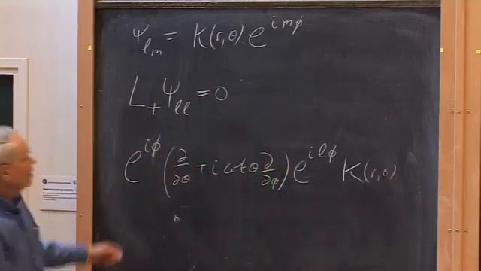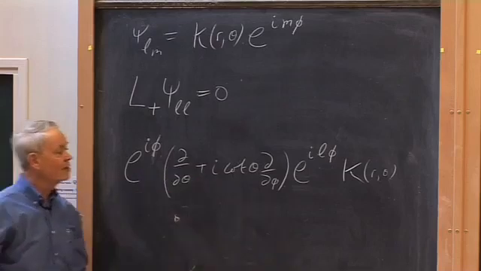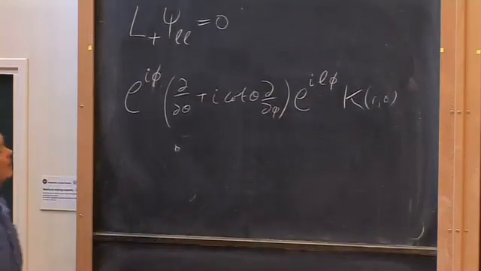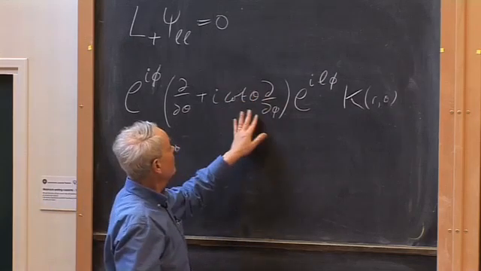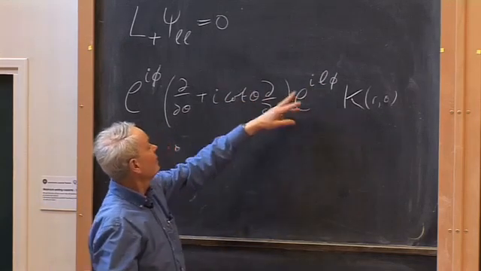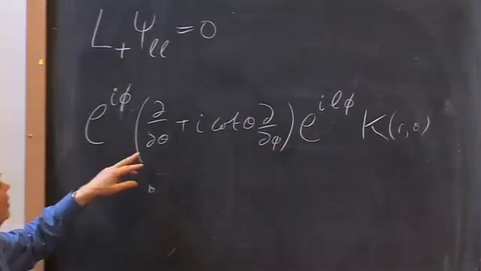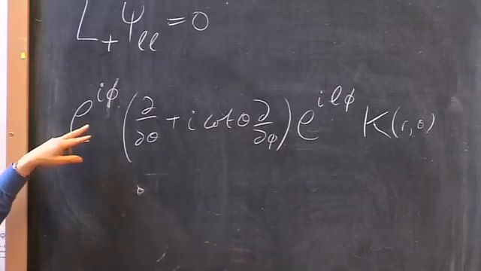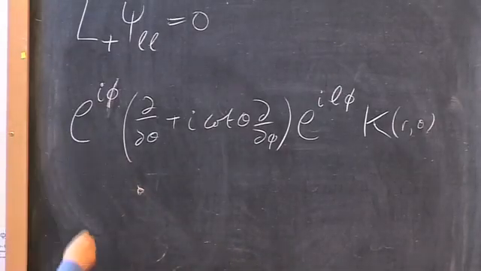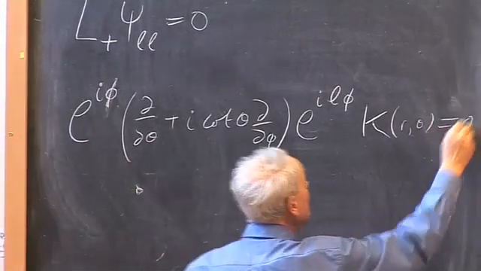Especially it depends on theta. The r dependence we don't care about because we've got no differential operators here with respect to r. So this term looks only at that and brings down an iL. This has got to equal 0, so we get two terms.